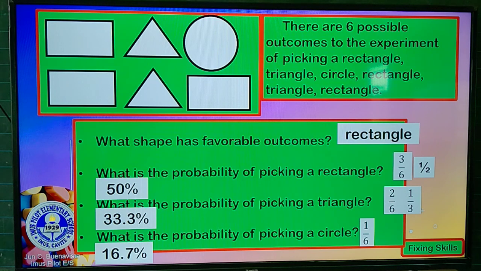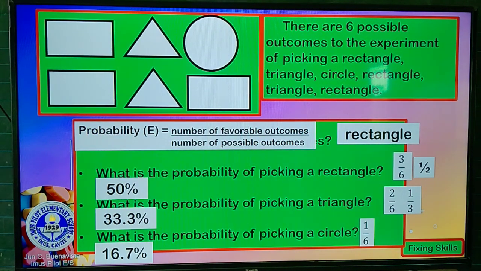Alright? So that is how to get the probability. Any more questions? I think you already learned about probability.